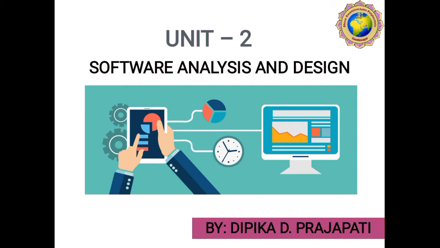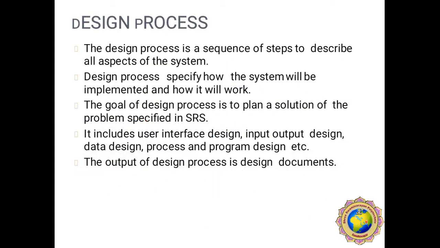software analysis and design, the design process. So how do we define the design process of software? The design process is a sequence of steps to describe all aspects of the system. And second point, the design process specifies how the system will be implemented and how it will work.